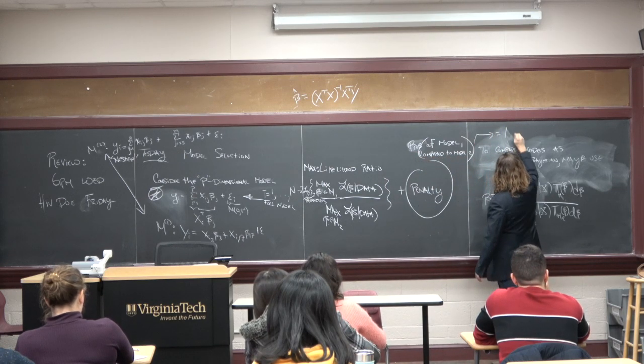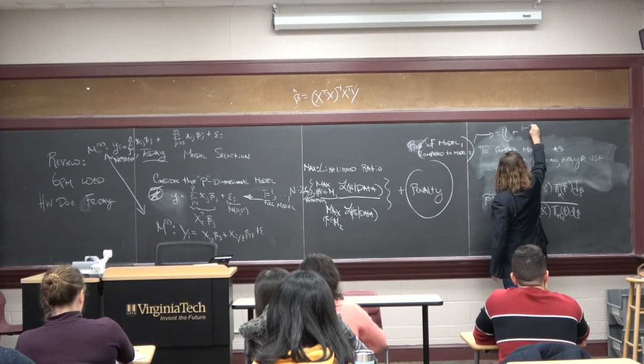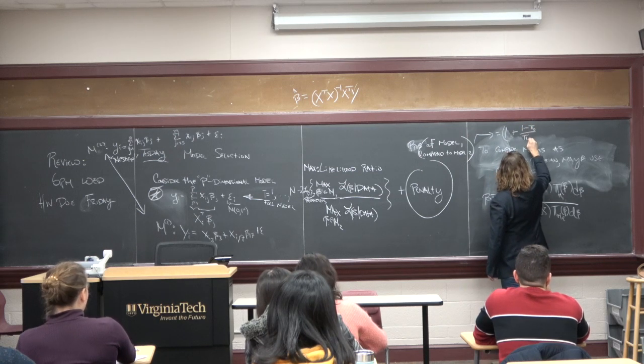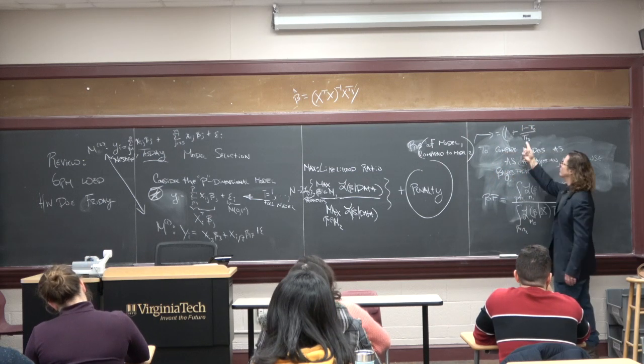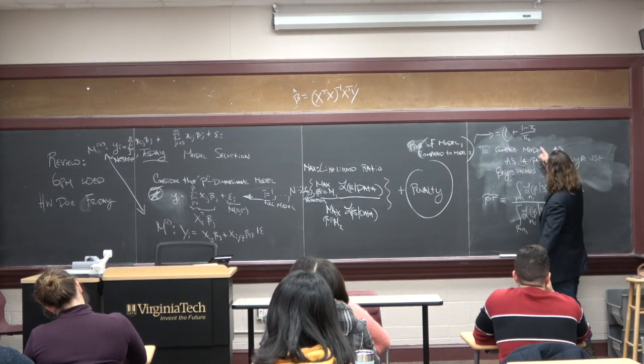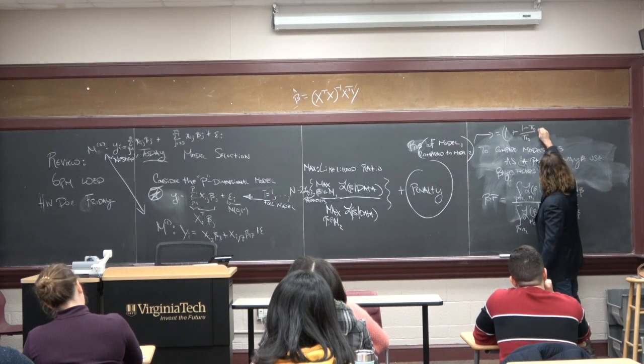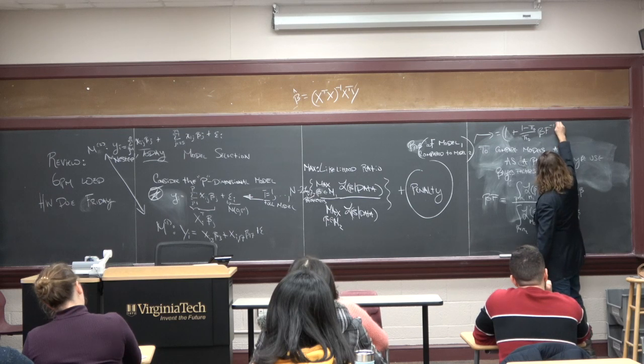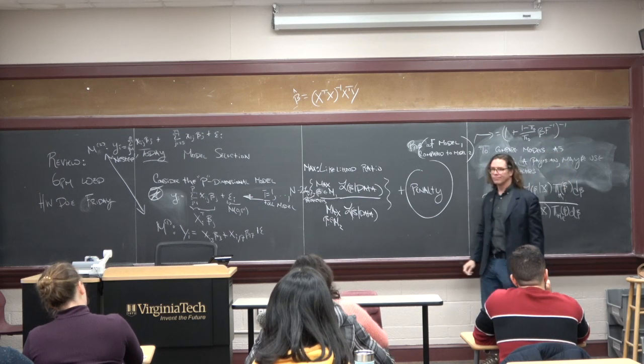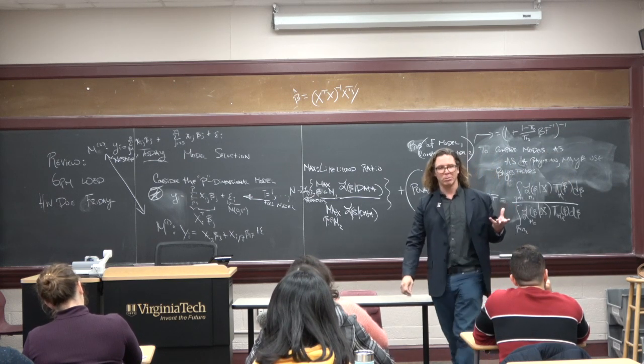This is 1 plus 1 minus pi naught, pi naught. So this is the probability on model 1. This is the probability on model 2 times Bayes factor, inverted. That's how I move to a probability scale.